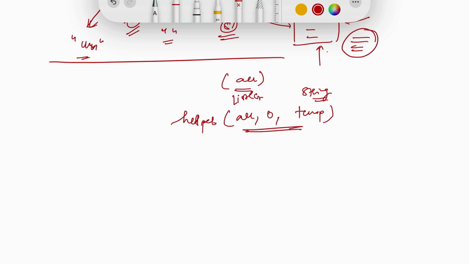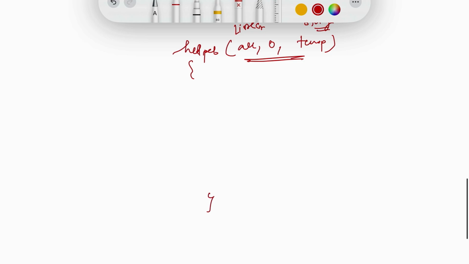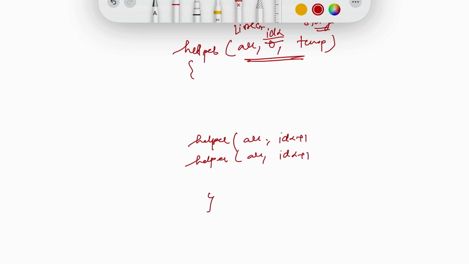This is going to be our helper function where in the end we are going to make two calls, passing the array further and moving the index by 1 unit, idx plus 1.